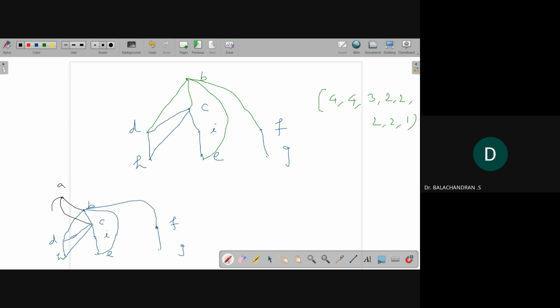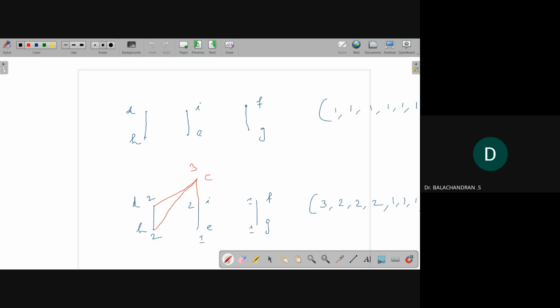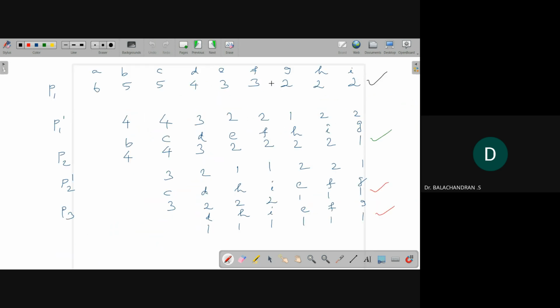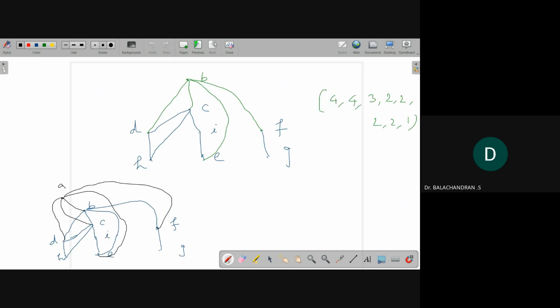B, C, D, E, F, G, and then F joined to I and H.